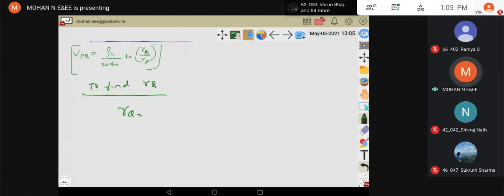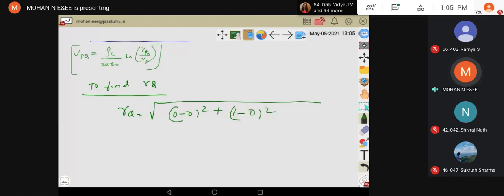RQ is equal to the square root of (0 minus 0) square plus (1 minus 0) square. You just have to leave out that x component.